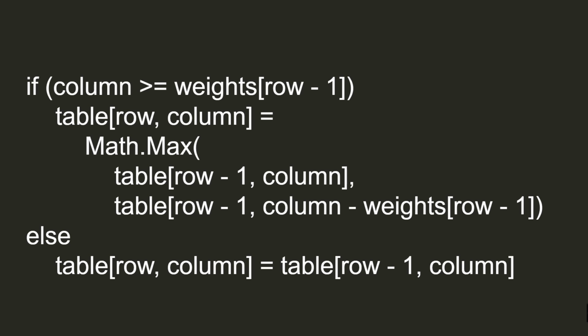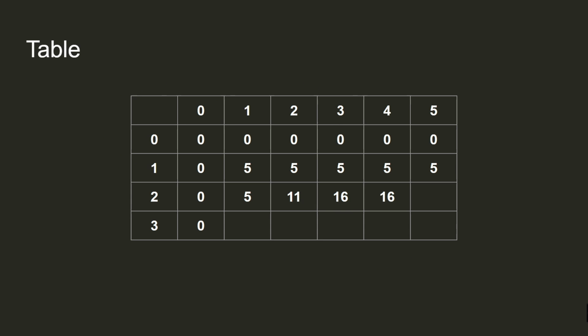If the column is more than or equal to the weight of row minus 1, then for table[row][column] we take the maximum of table[row-1][column] and table[row-1][column - weights[row-1]] plus the value. Else we take table[row-1][column] and fill the row until the end, because the answer will not change.